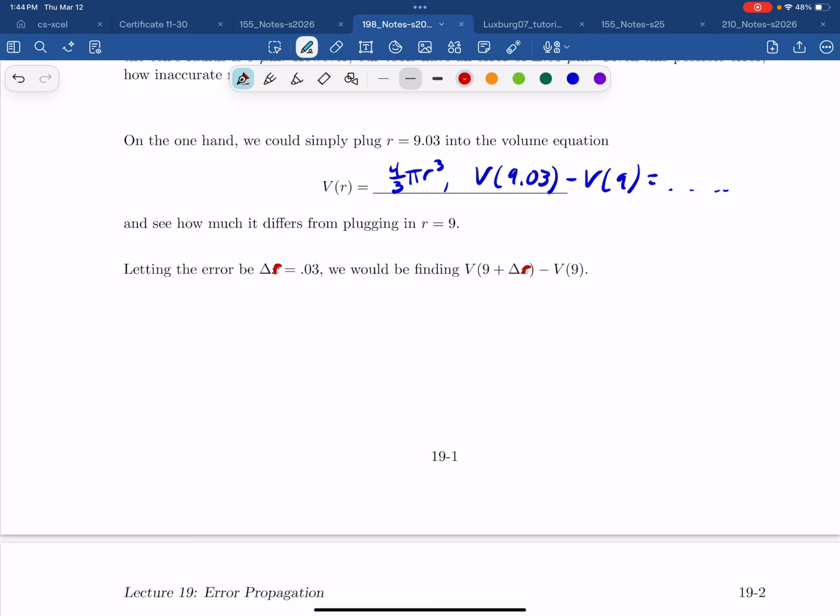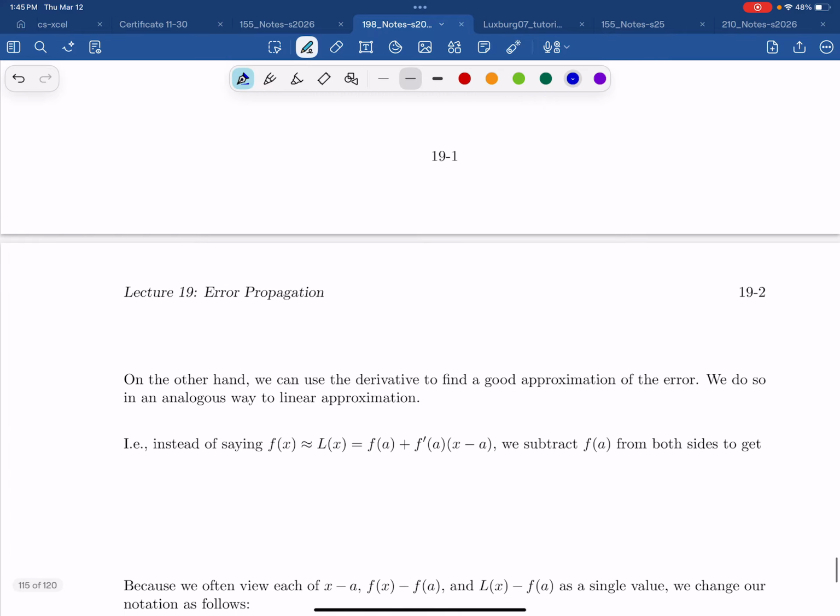We want to approximate this. Actually, let me use blue for this. Okay? That's what we're trying to approximate.